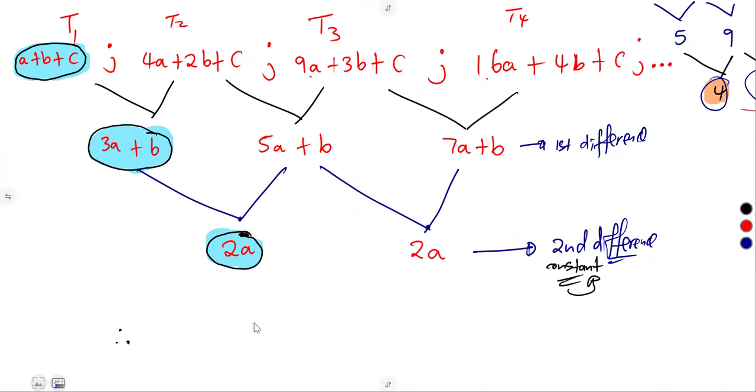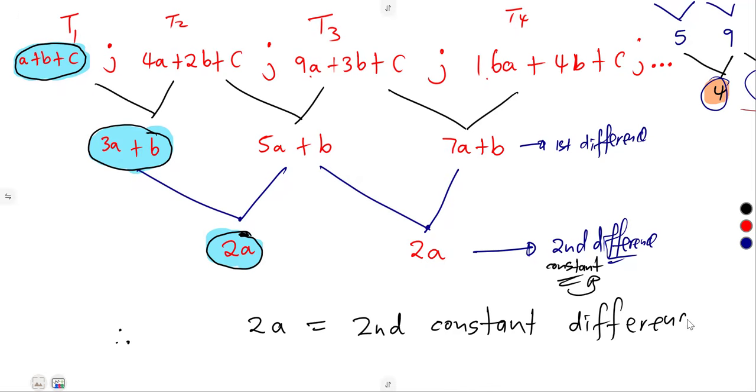Therefore, 2a is equal to the second difference, which is a constant difference, just like what we saw before. Second constant difference.